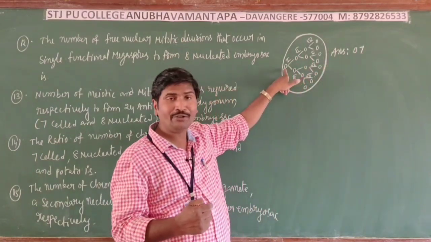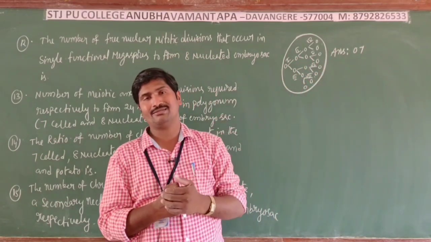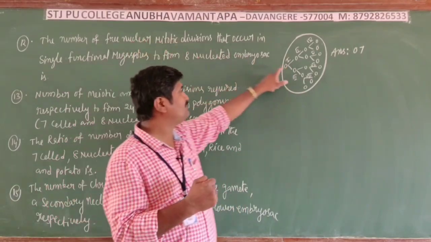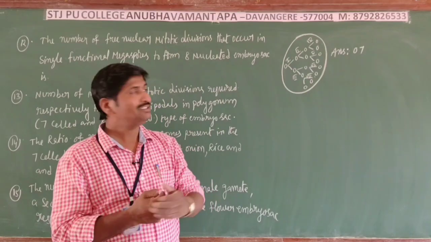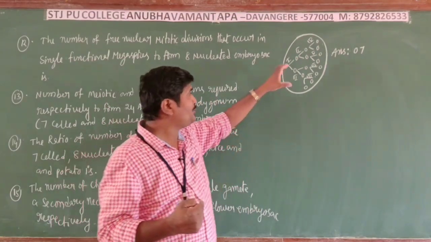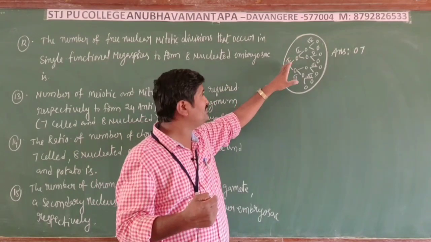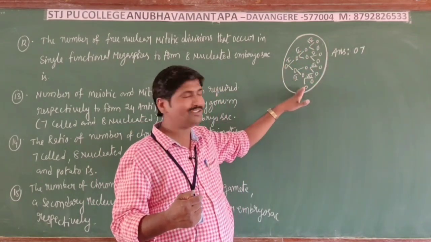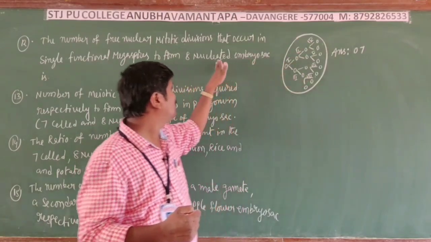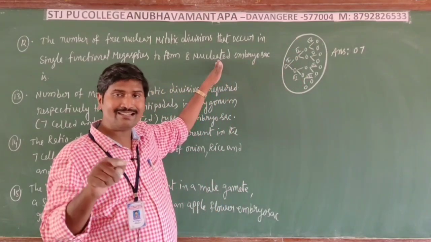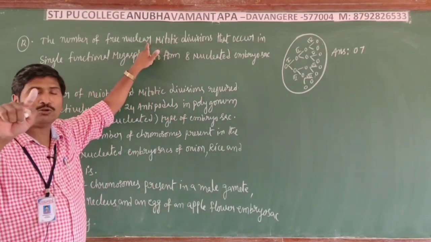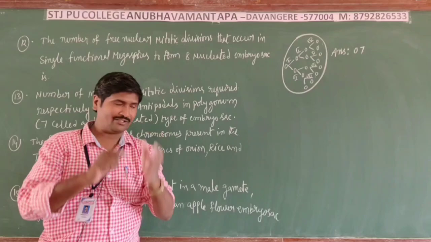See, the free nuclear mitotic divisions take place here. It is not immediately followed by a cell wall. In free nuclear mitotic cell division, how many nucleus are formed in total? Total 8. The number of nucleus or cells minus 1 is equal to the total number of mitotic divisions.